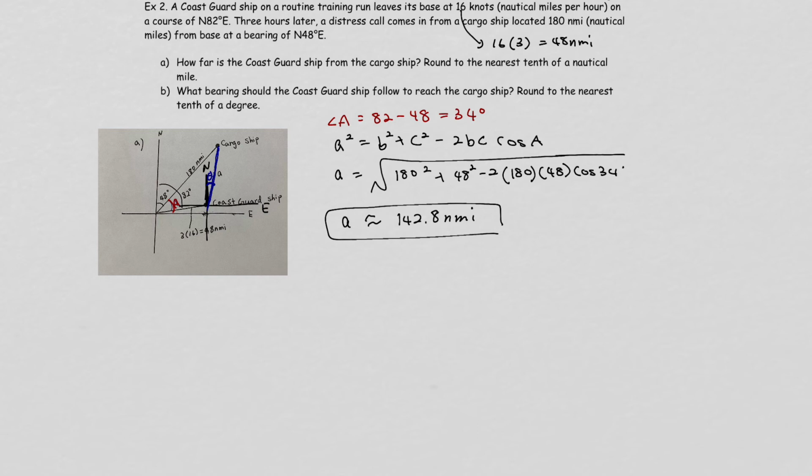So how are we going to find that angle? I'm going to zoom in a little bit on this picture right here. What angle do we need to know in order to find this, right? First thing I need to do is, this is north, east, right? And this is the point of the Coast Guard, and this is the cargo.